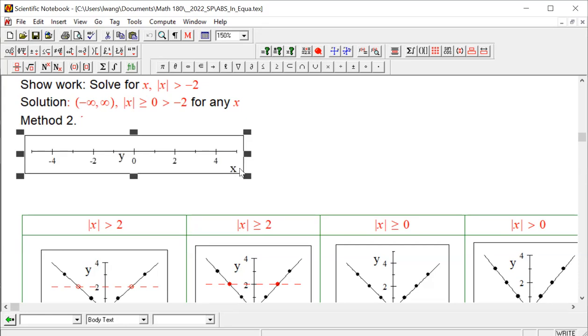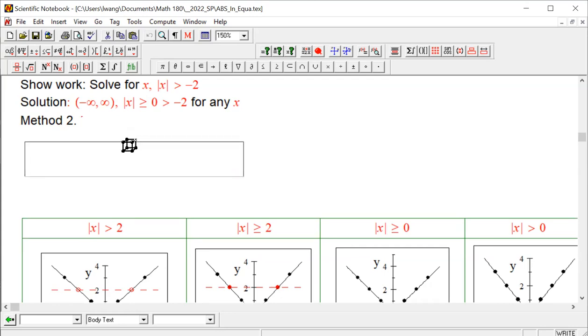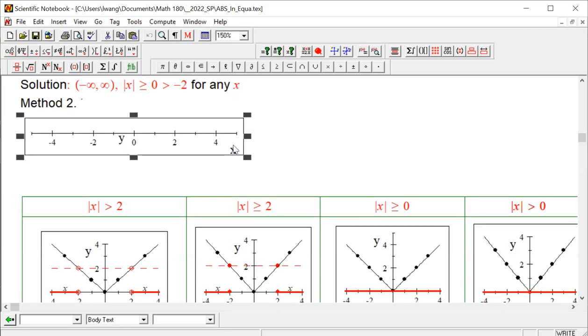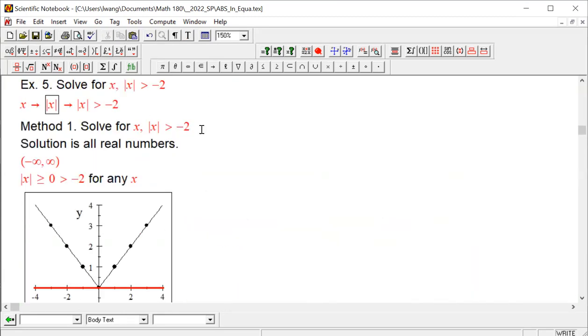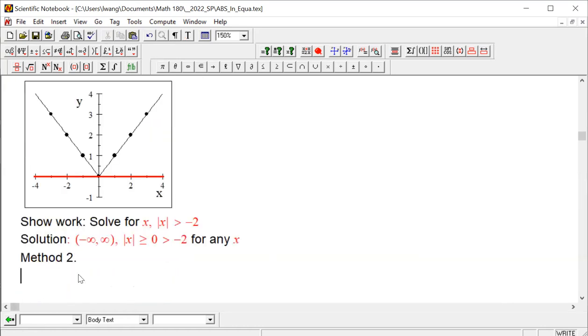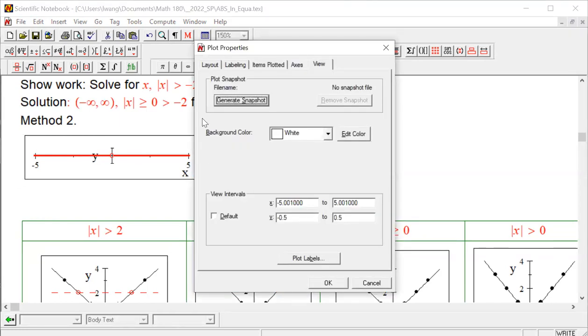So when you use this picture, when you use the number line to express our solution, what you can do is just borrow this line, just remove the dot, remove the circle, right? So that's all. Sometimes the software has a temperament.